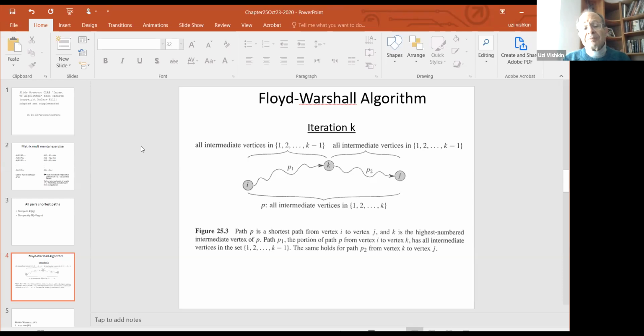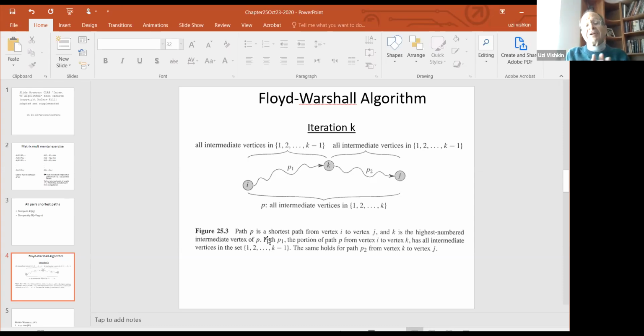We assume that for any two vertices i and j, we already found the shortest path between them that goes through vertices 1 up to k minus 1.